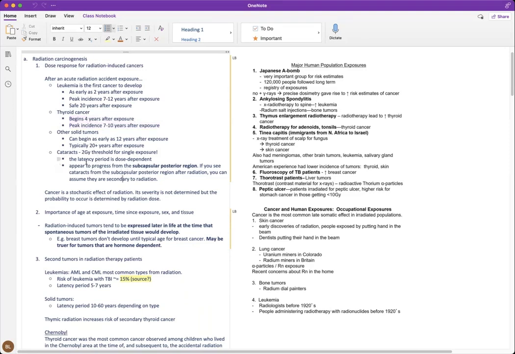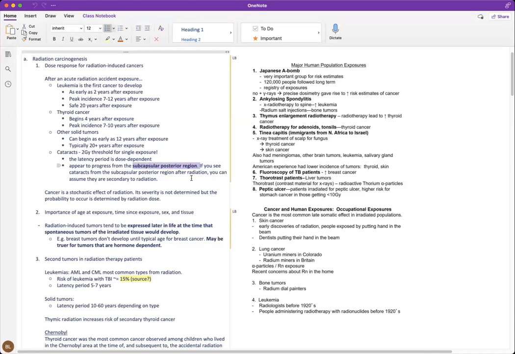Cataracts. 2 gray is the threshold for single exposure. The latency period is dose dependent. So the more dose you give, the faster they'll get cataracts. It appears to progress from the subcapsular posterior region of the lens. That is important.